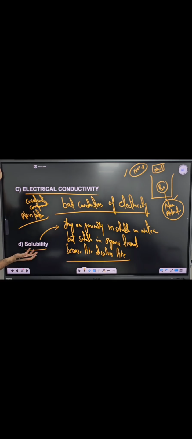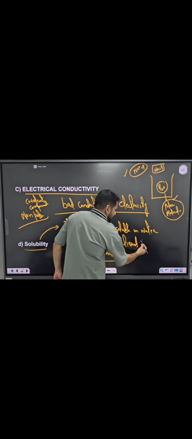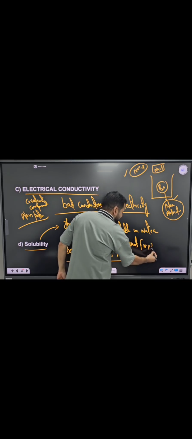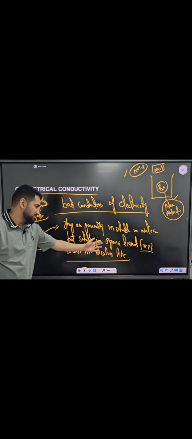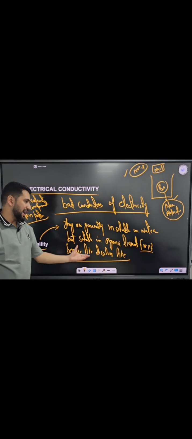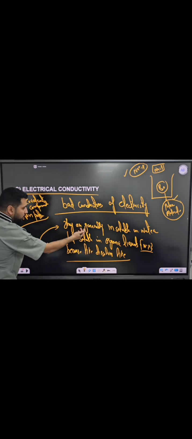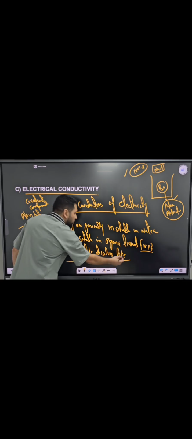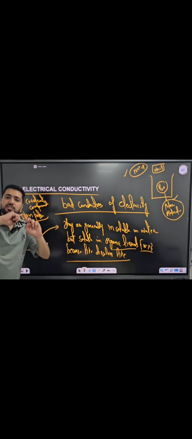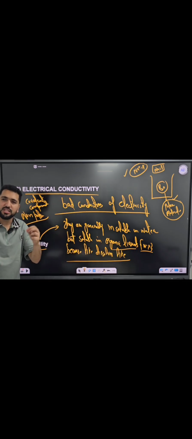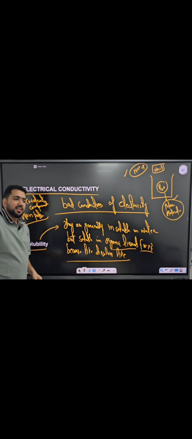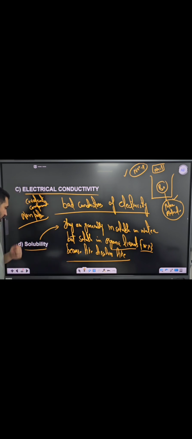And we know that organic liquids are non-polar liquids. These are the liquids that do not have any charge, for example, kerosene. So covalent compounds are generally insoluble in water, but soluble in organic liquids. For example, kerosene, petrol. I hope the idea is clear.